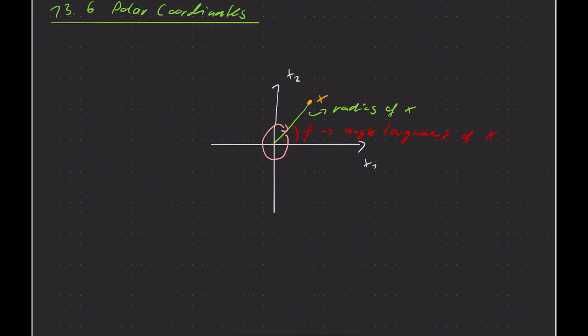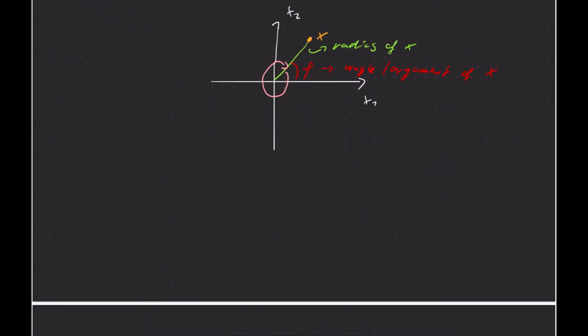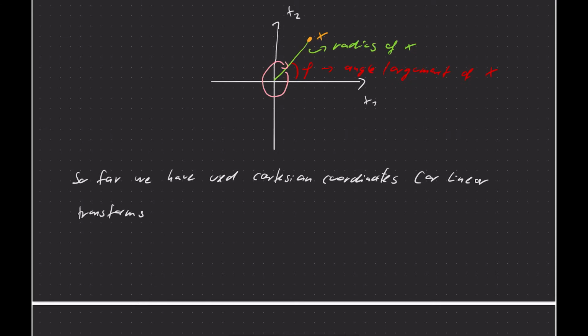Okay, let's make a few notes of what I just told you. So far we have used classical Cartesian coordinate systems or linear transforms of those. And the polar coordinate system is not a linear transformation anymore.